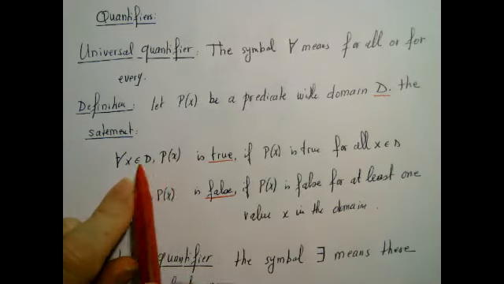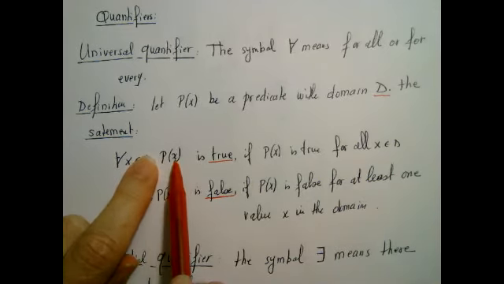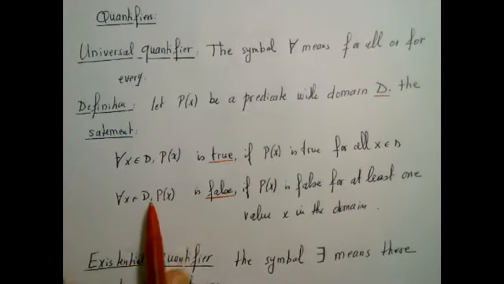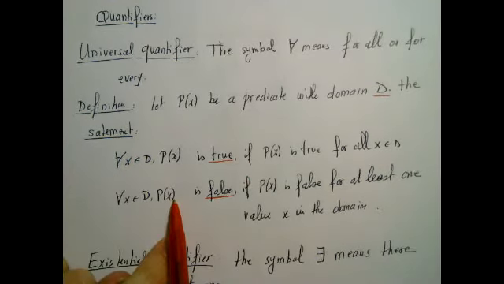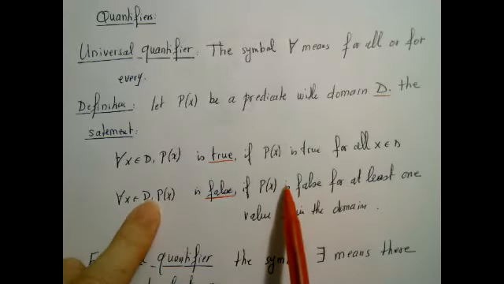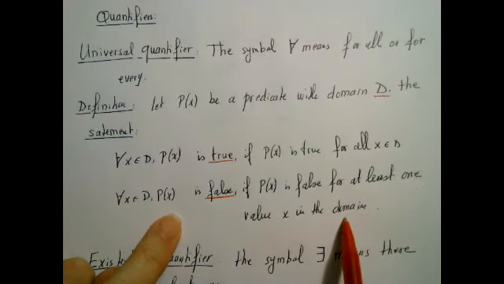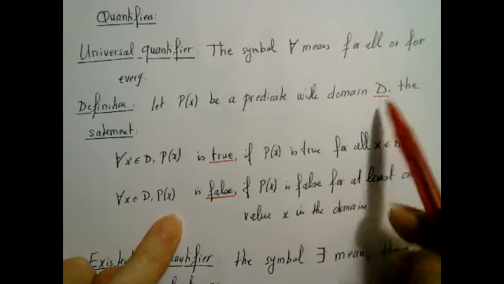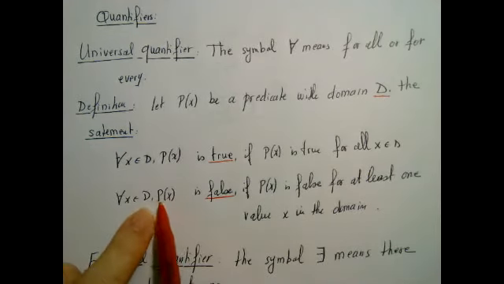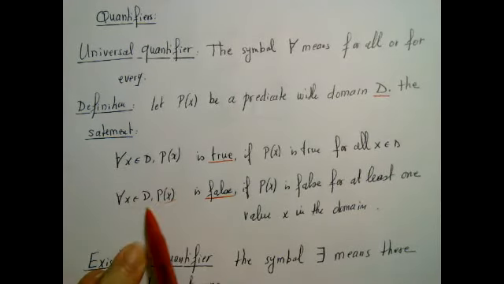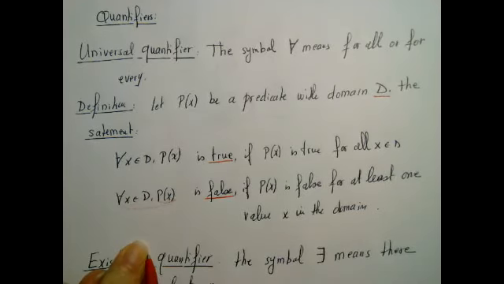So a statement like this is true if whatever I put in here, I will create a true statement. What does it mean to be false? It's false if P of x is false for at least one value in the domain. If one value in your domain makes P of x false, the whole statement is false.